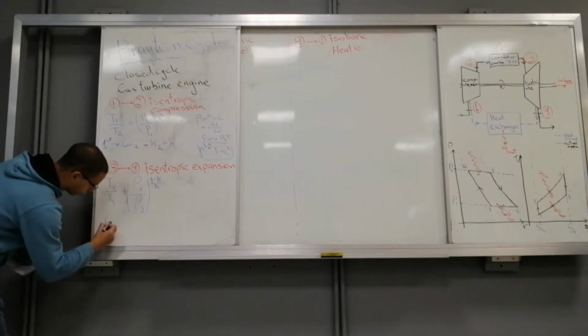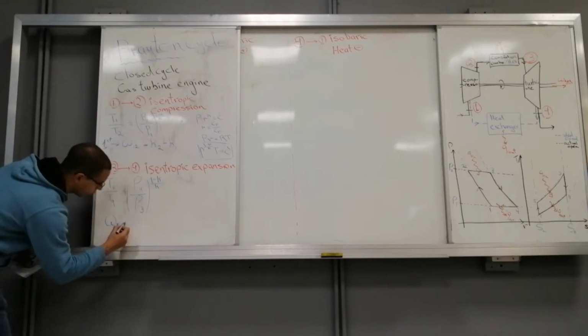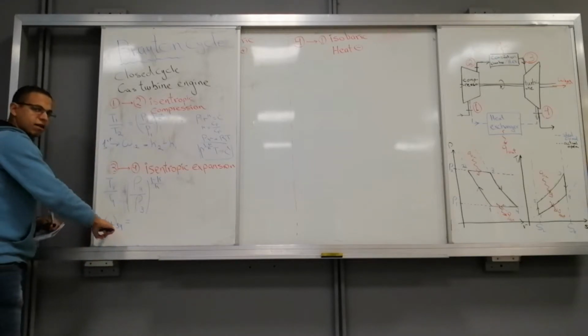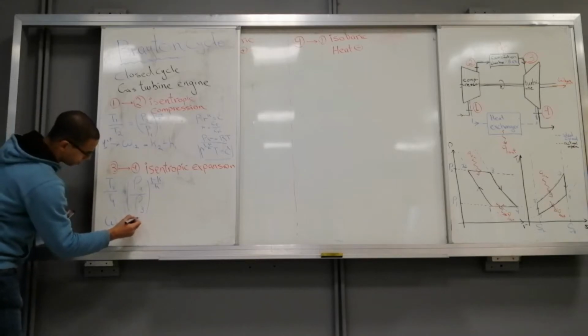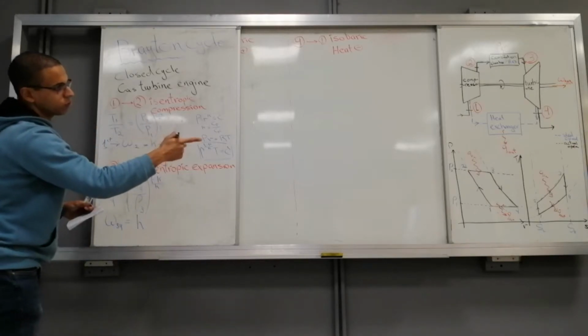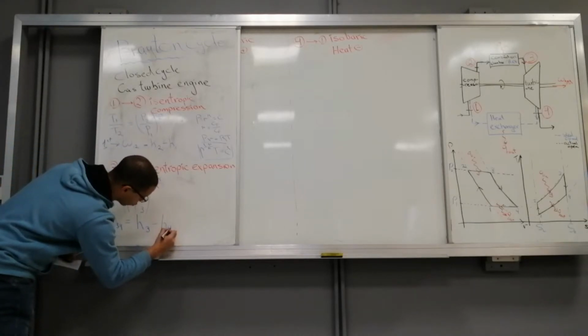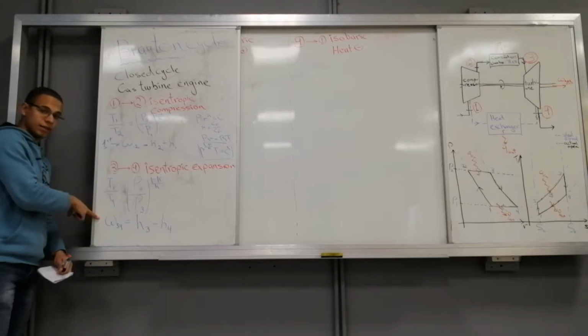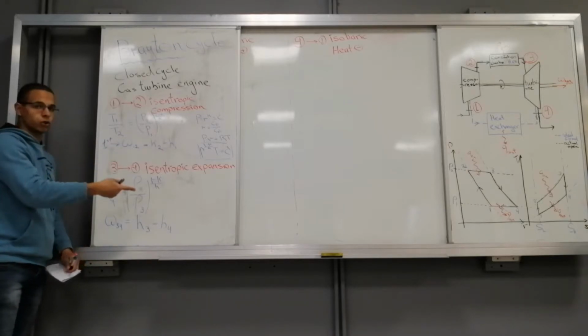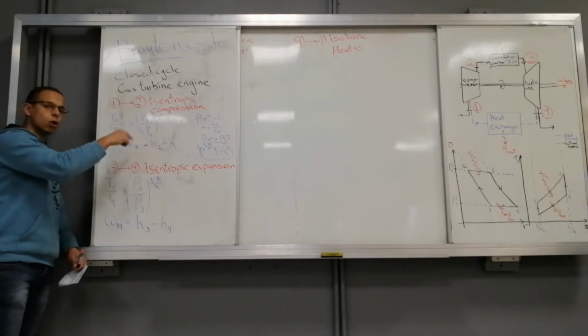And again, the work extracted, without sign convention, is a numeric value, the larger H, which is H3 minus H4. This is the work that I get ideally, and this is the work that I exert on the fluid during the compression process, also ideally.